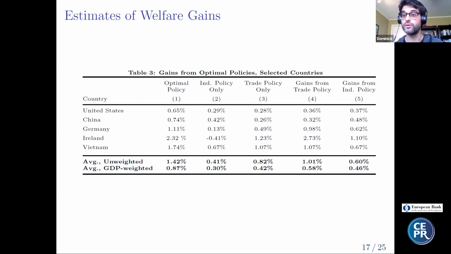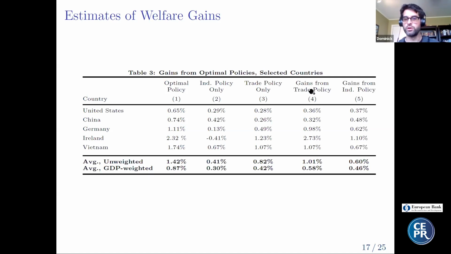Sometimes the terms of trade losses from doing that can be so large as to swamp any productivity gains, although that's not the normal case. From doing trade policy only, you get the gains in column 3. They tend to be higher than the gains from doing industrial policy only.